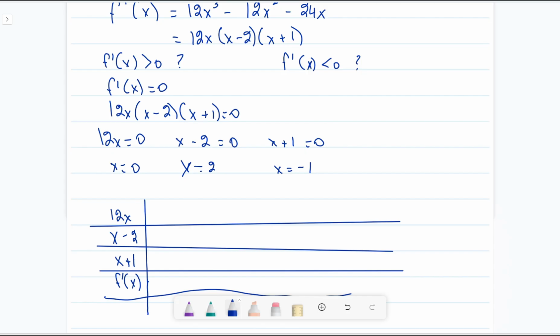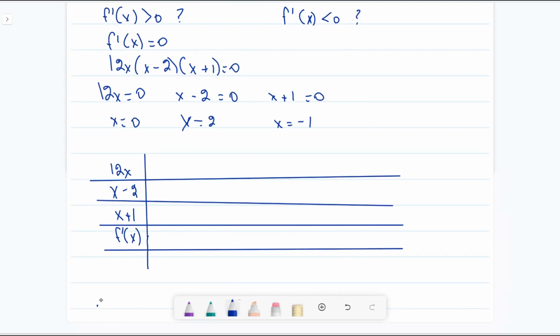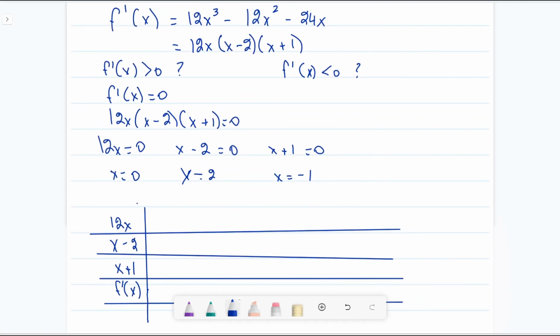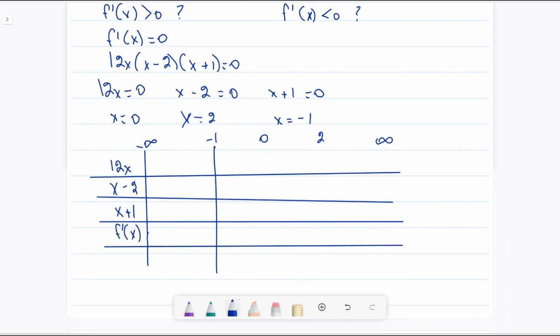I will add an extra column, and I'll show you what I will put in it. So up here, I'll start with negative infinity, then -1, then 0, then 2, then positive infinity. And I will draw the lines in order to get my sign table.